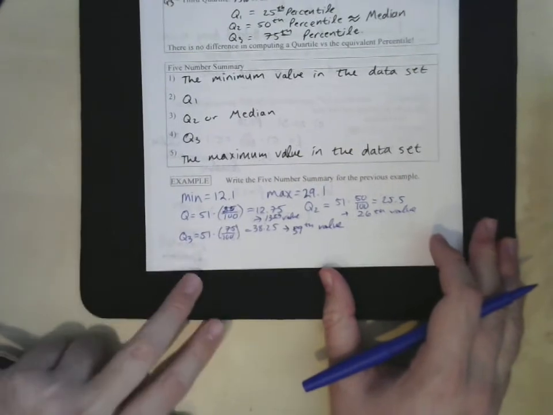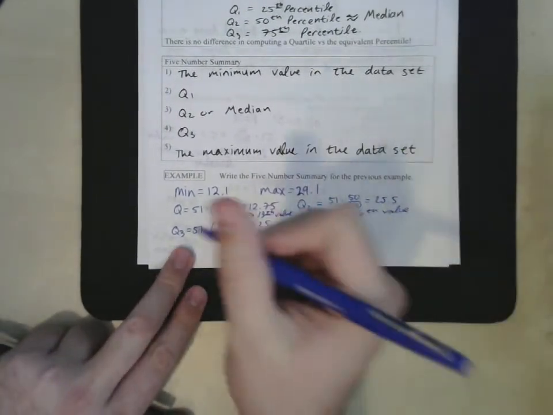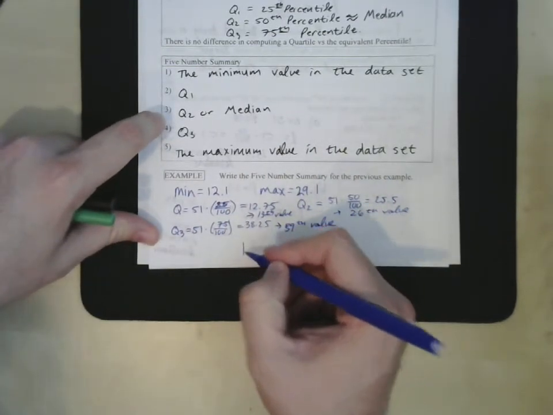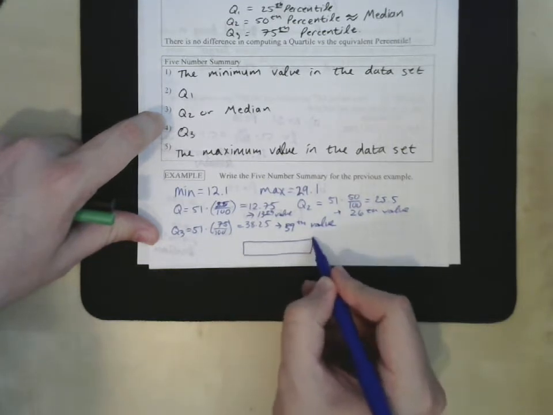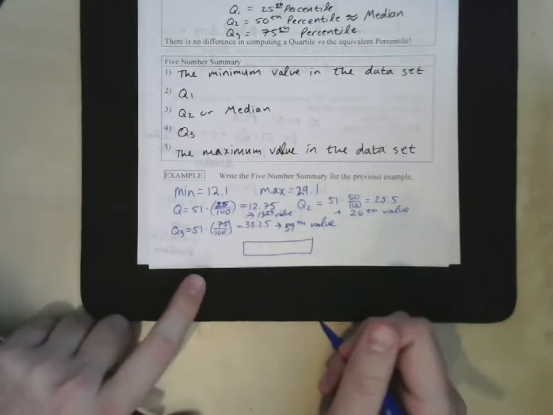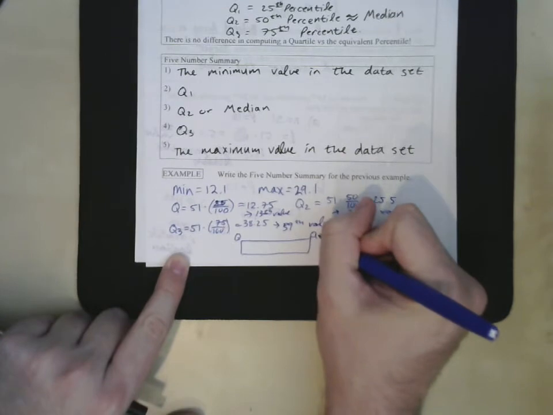So I've already looked up what those values are. This is what a box and whisker plot looks like. So you draw a box, and then it's going to have two lines coming out. So the way our 5-number summary looks like, this is always Q1, this is always Q3.